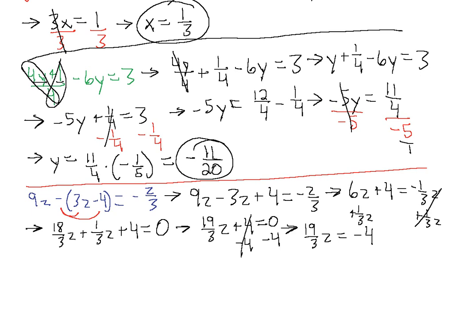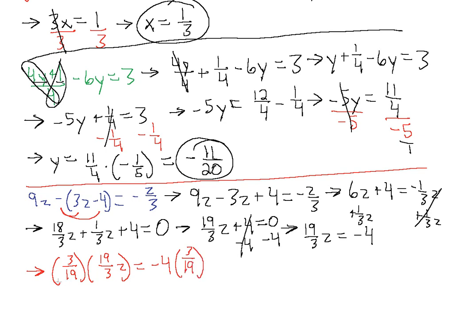And we have, let's switch colors, we have one step left. We multiply by the reciprocal, because we have our variable multiplied by a rational number. So let's multiply both sides by 3 over 19. 19 over 3z. And on the other side, we have our minus 4 times the same reciprocal, 3 over 19, doing the same thing to both sides.